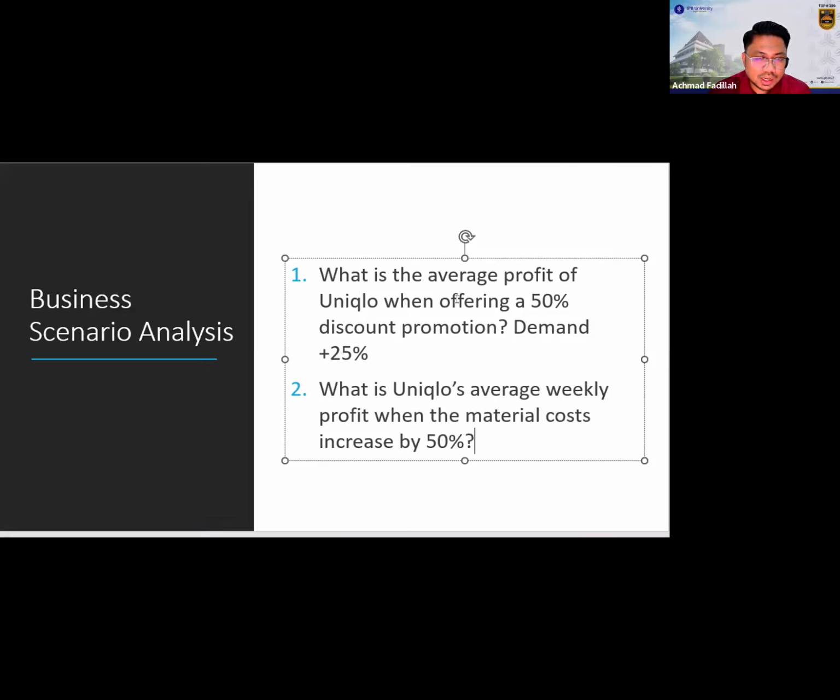Make these two different scenarios, and if there are any questions about this assignment, please ask. Then please upload on the class IPB. I give you 1 week.